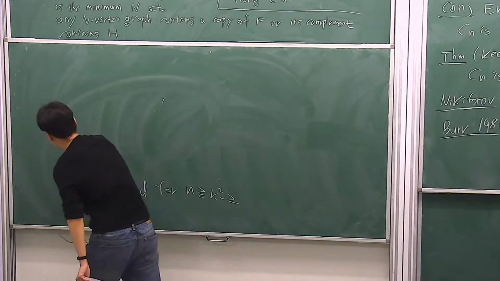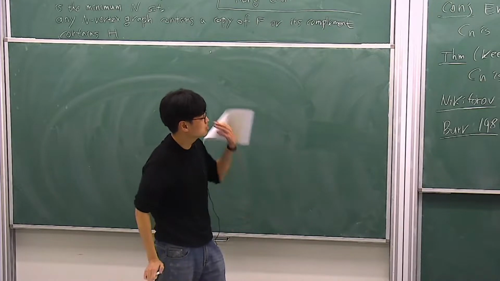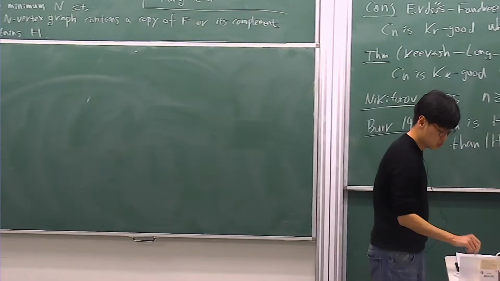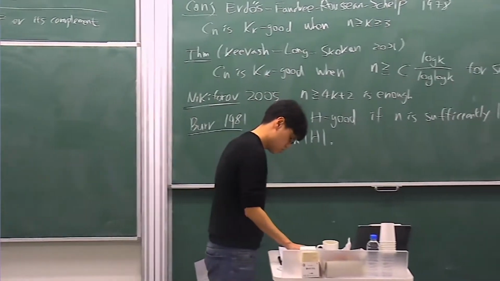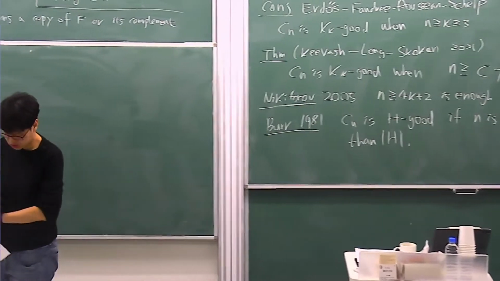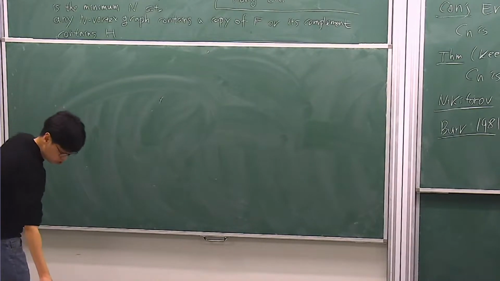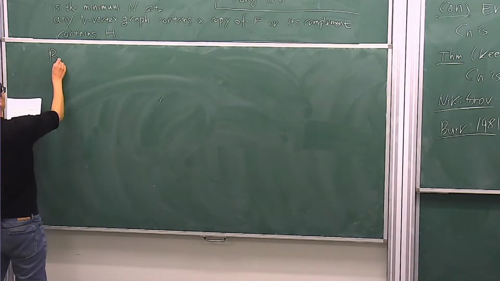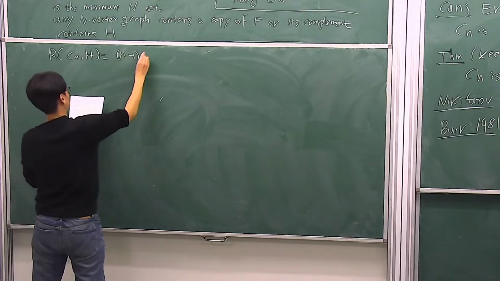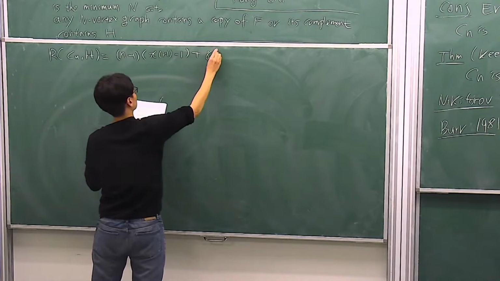That sufficiently large is some tower type function. So roughly what Burr did is... So what we want to show is that the Ramsey number of C_n and H is (n−1)(χ−1)+σ(H).